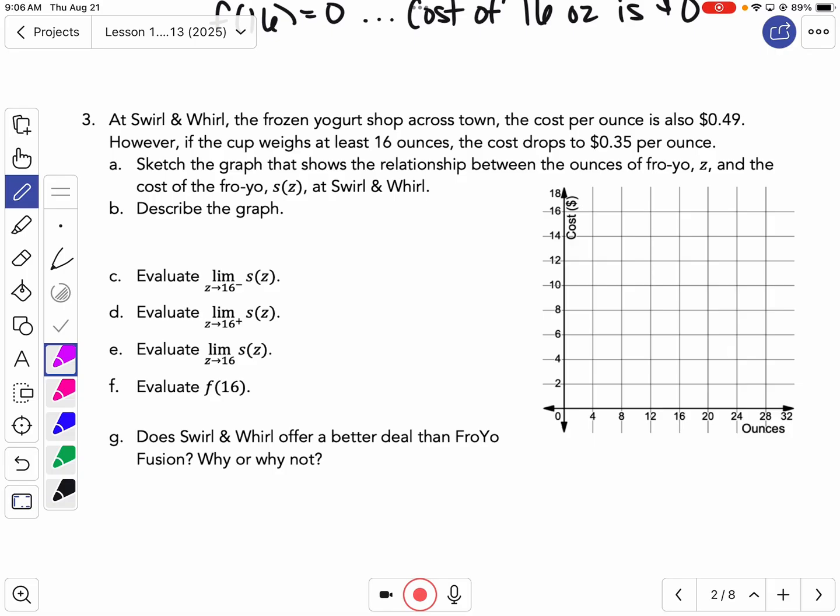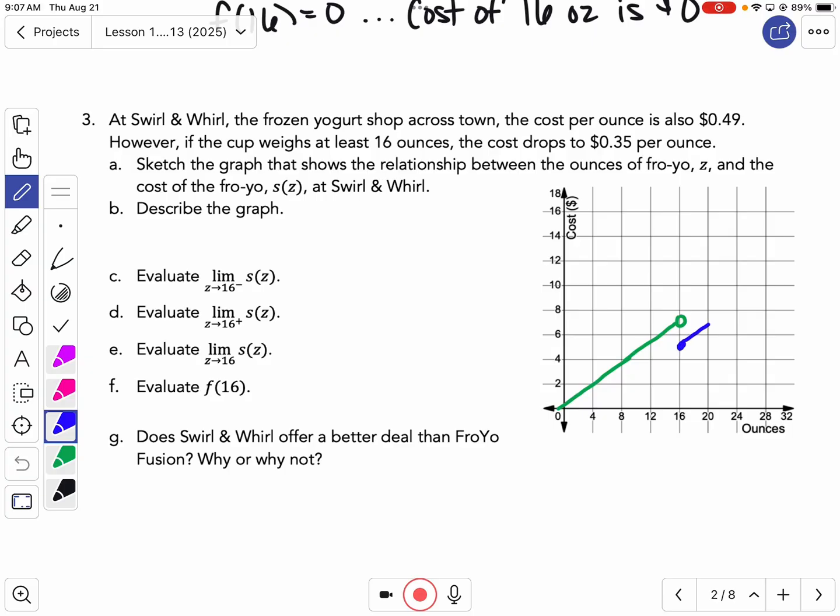All right, so let's think about that one. Okay, so we're going to stick with 49 cents per ounce until I get to 16. But if I hit 16, what happens to my price? It goes down, right? It goes down to 35 cents an ounce. And so we're going to need to know at 35 cents an ounce, how much is that for 16? $5.60, something like that. Okay, so it jumps down.